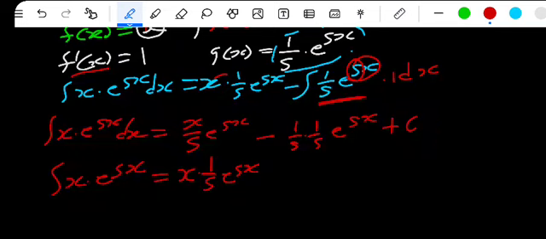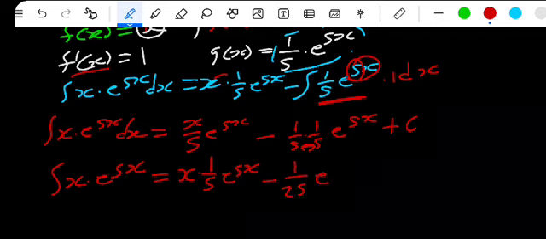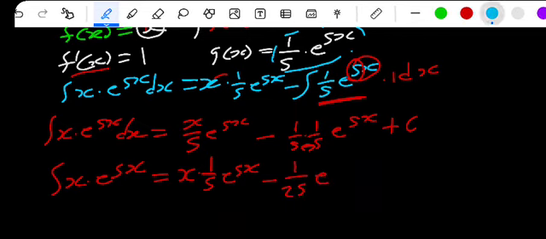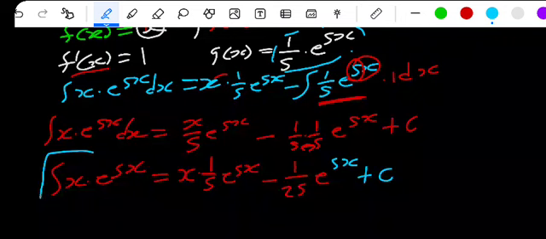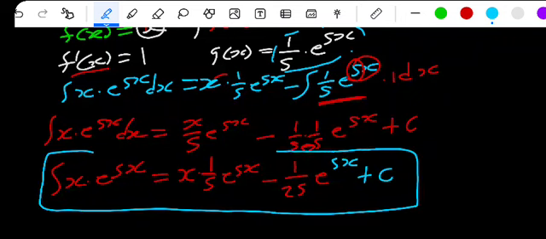If you did like this, it's one and the same thing. Then if you multiply there, we have minus 1 over 5 times 5 is 25 e raised to the power of 5x plus the constant c. So this will be simplified to this. This will be our final value.